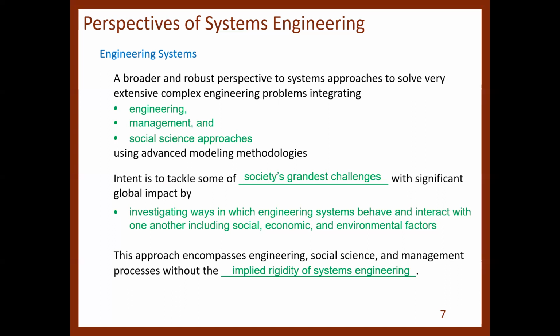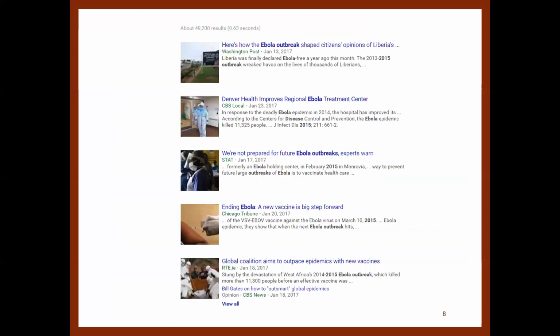In the next slide, I'm going to show you an example of the type of problem that engineering systems is trying to tackle. So if you are not familiar with this, this was the Ebola outbreak that happened about 4 years ago. This was in 2017.